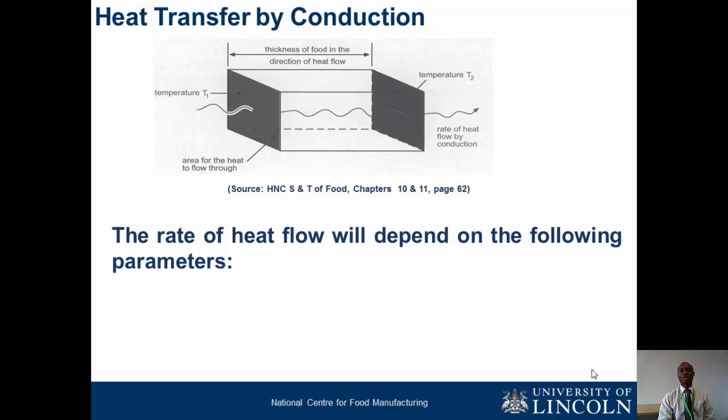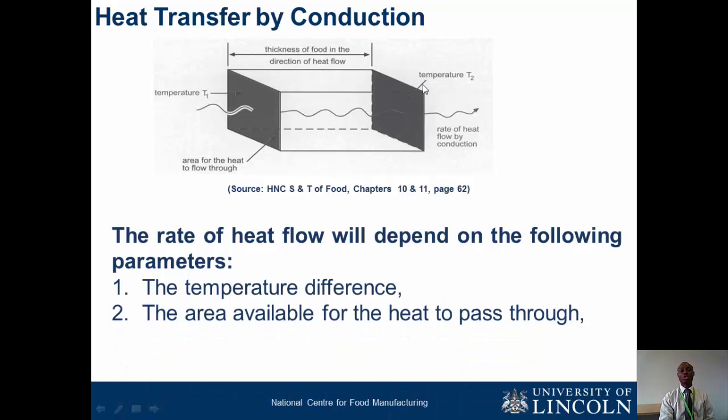So heat transfer by conduction, you can see from this figure that heat transfer will depend on three different parameters. The very first one is the temperature difference between the two surfaces of the material. We have T1 and T2, and the second one is the area available for heat to pass through.